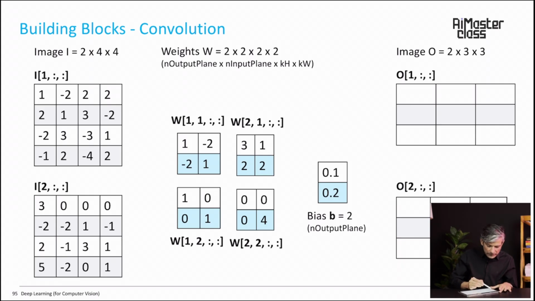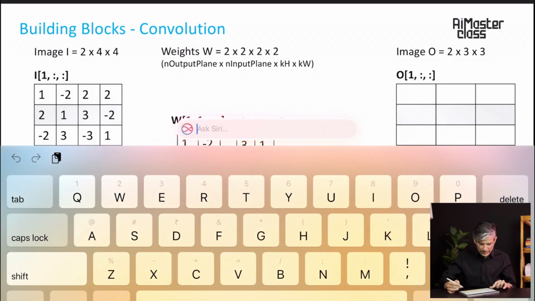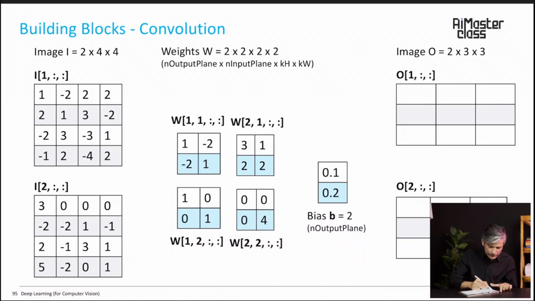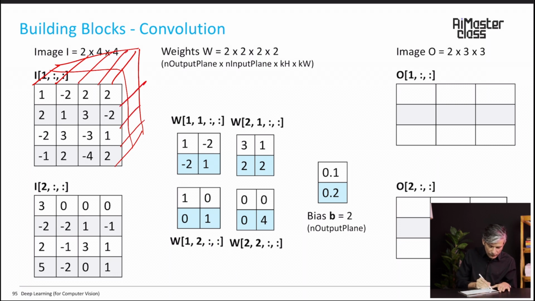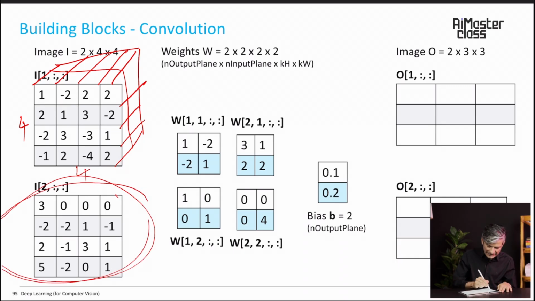What do I mean? This thing has depth, meaning it has two channels. So this is not a single channel image, it's, let's say, a two channel image. Our first channel, you can see here, is of size 4 cross 4, but then there is also this second channel that sits here.